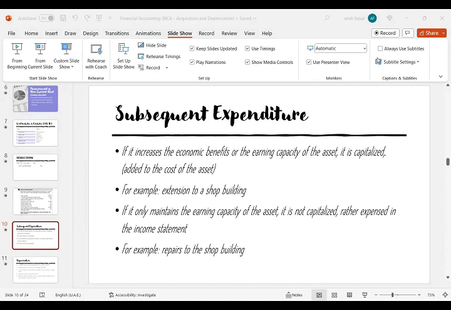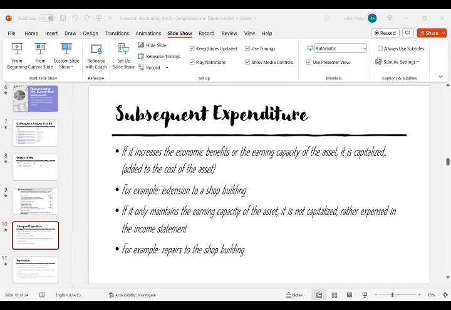So simple logic: for any expenditure subsequently done on the asset, you need to determine whether it is increasing the economic life or the benefits of the asset, or it's purely maintaining it to its current levels. If it is increasing the economic benefits, you need to capitalize, or put that amount into the balance sheet, into the cost of the asset.